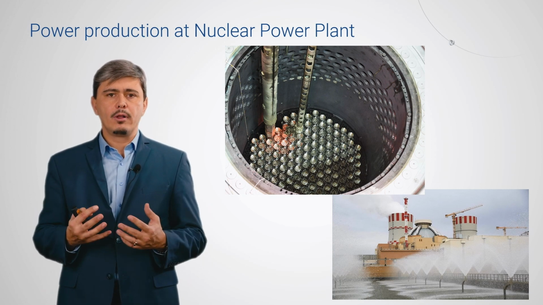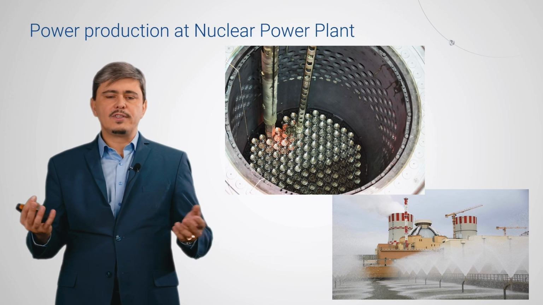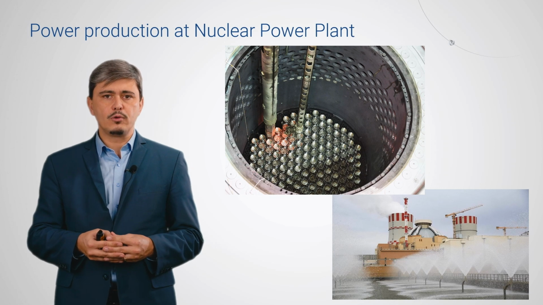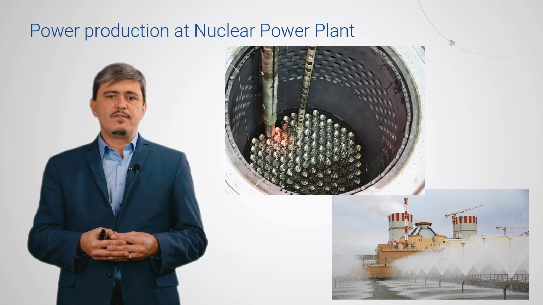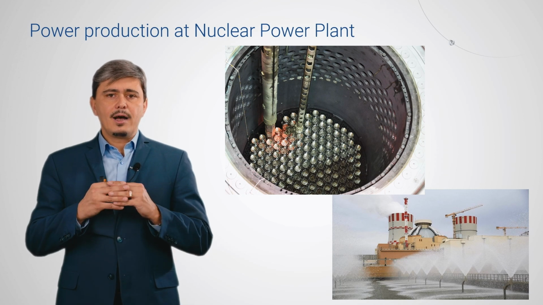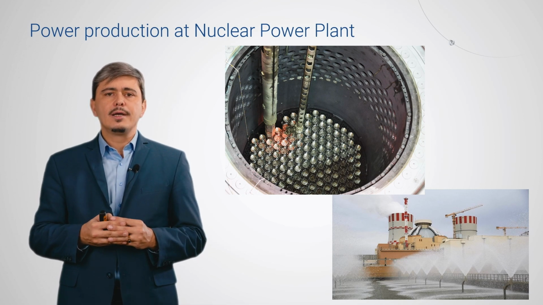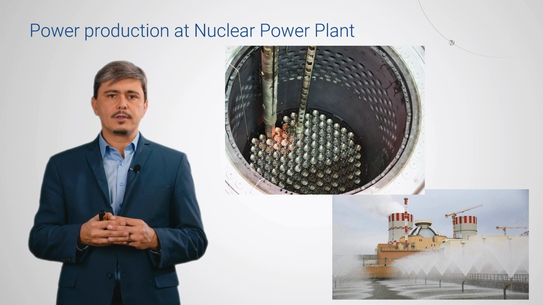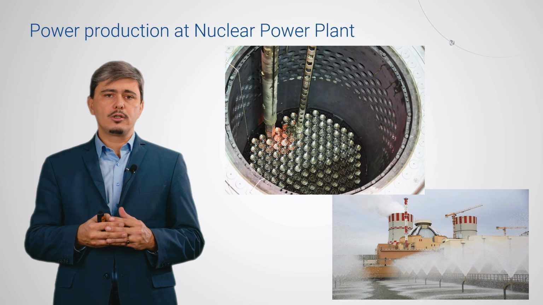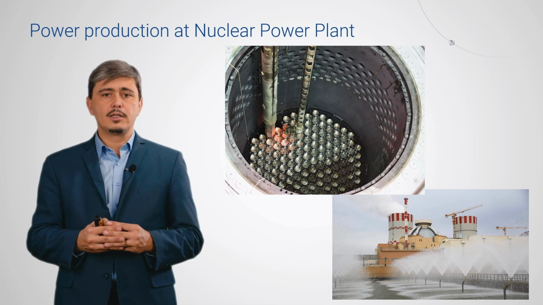Actually, it looks like a miracle, because really, during these 4 years, we got a huge amount of energy from this fuel. But actually, in physics, there are no miracles inside, because after operation, really, the structure of fuel will be different. Initially, it was only uranium-238 and 235 as main isotopes.